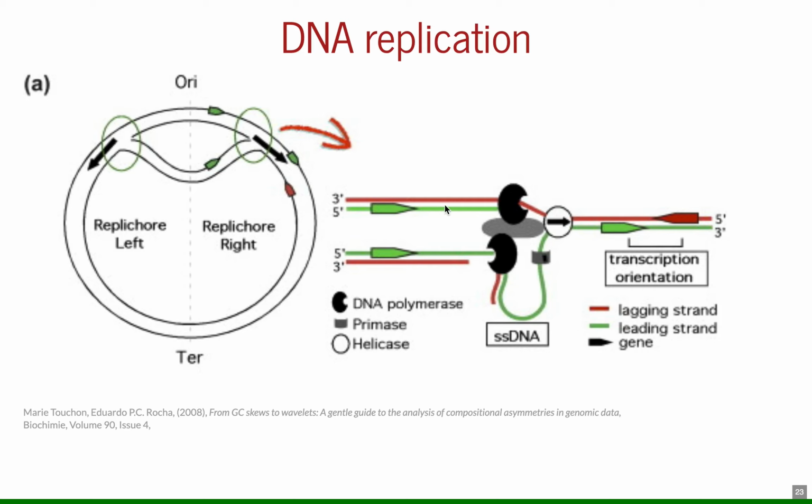And in each replichore you have this phenomenon that the polymerase fills in one of the strands immediately, and the other is filled in at a slower rate, and that exposes part of the DNA to the environment, and that eventually can trigger some mutation from C to G. This is something that happens in all bacteria and all organisms that have only one replication origin. Archaea and Eukarya don't.